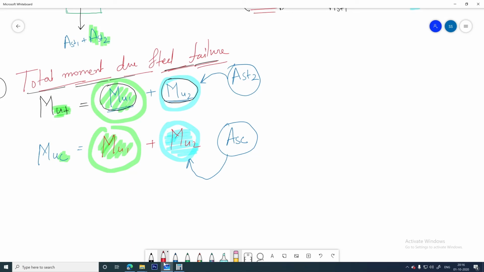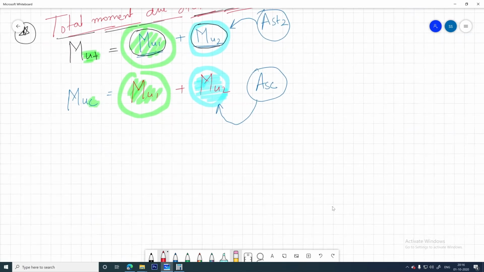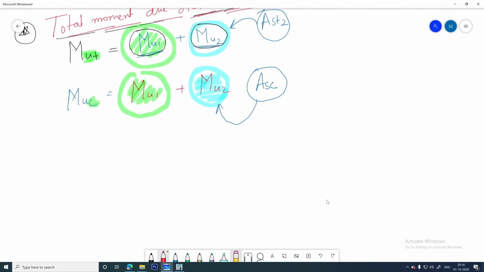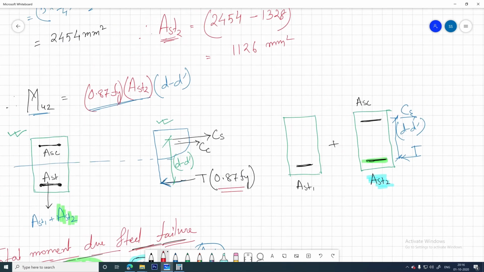Now let us start. When we show you, it will be clearer. So let us continue and determine the next step. Okay, so the next step is, first we determine the value of this MuT, what is coming, let us see, because we have determined the Mu1 and Mu2, right? So here after calculating this one, Mu1 value is how much?